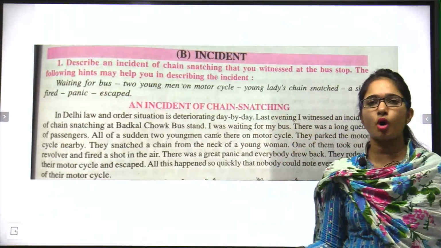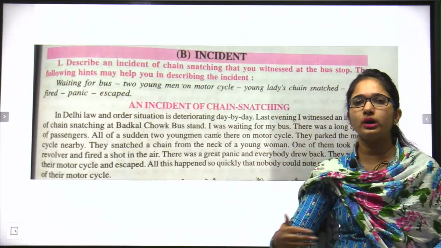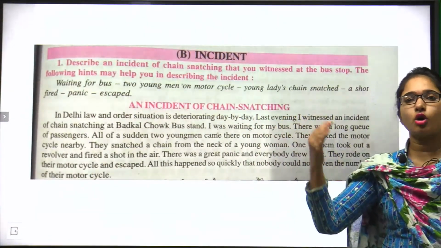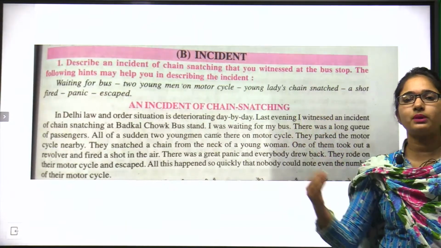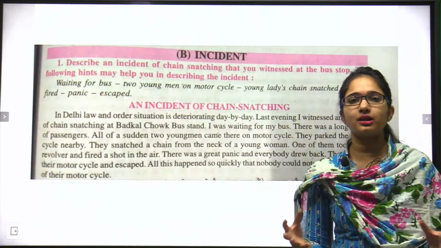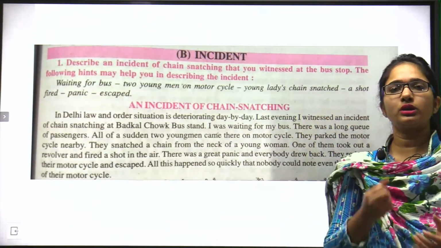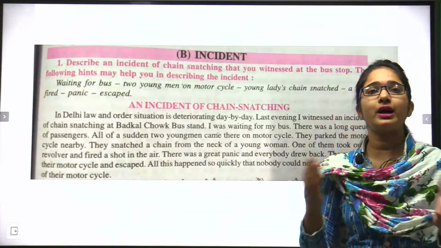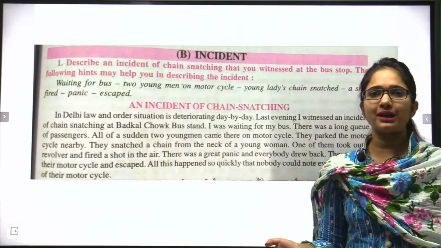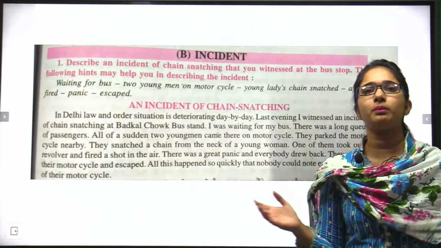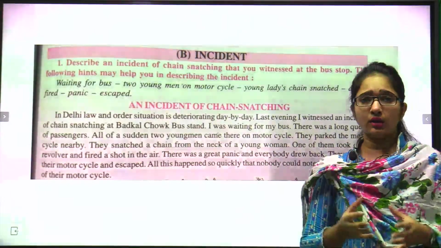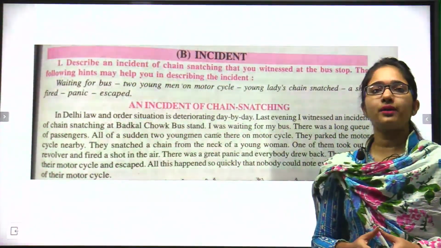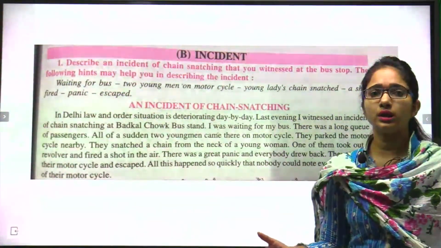You have to build a proper scene: where you were, how the incident started, the robbers came, the thieves came, the dacoits came, and they started troubling the people. They took the chain, they took out the gun, and then fired the shot. When they fired the shot, everyone was panic stricken and running here and there. In the meanwhile, they got the time to run away, and no one noted the number of the motorcycle.